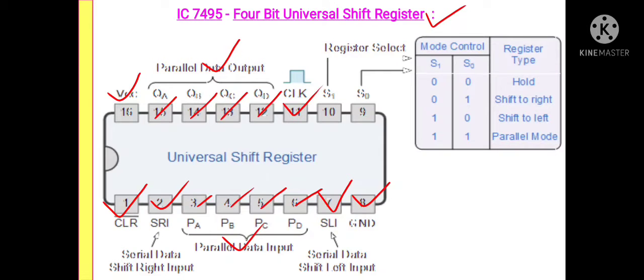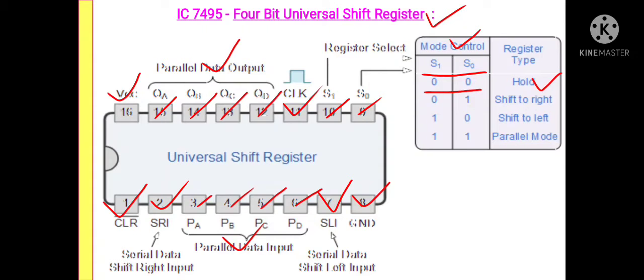The remaining 2 pins, pin number 9 and pin number 10, are controlling pins, also called mode control pins, and the actual operation of this shift register is decided by the combination of these 2 pins. If this combination is 0, 0, then this shift register is used to hold the data.